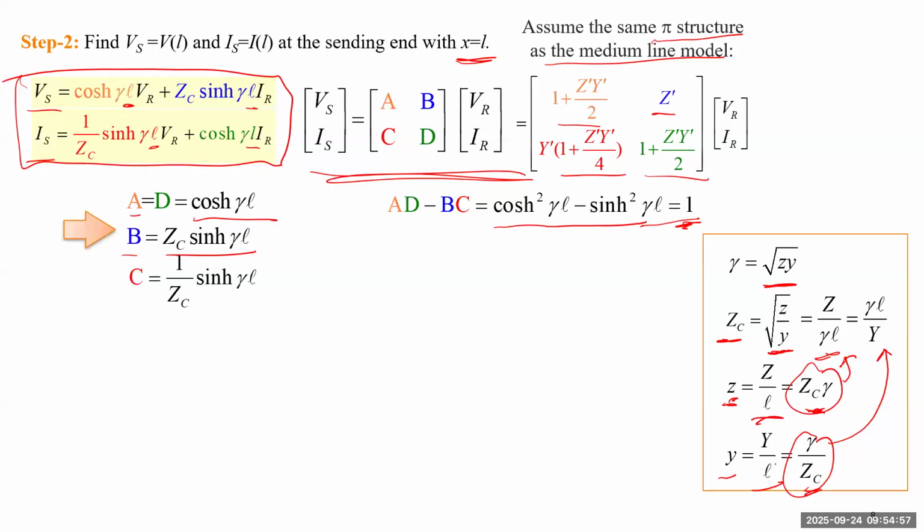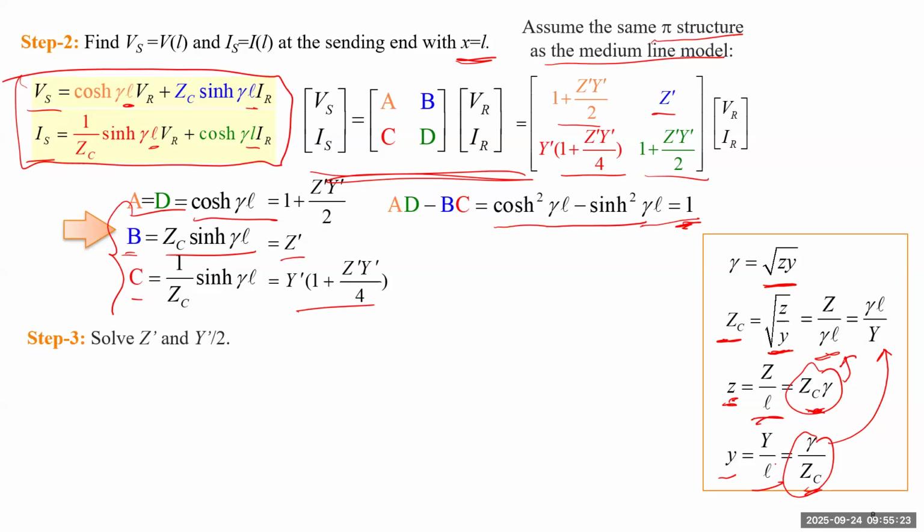Since we already know A, B, C, D, right? We just simply let A and D equal 1 plus Z prime Y prime divided by 2, B will be Z prime and C will be this one. So we will be able to solve those three equations for Z prime and Y prime.